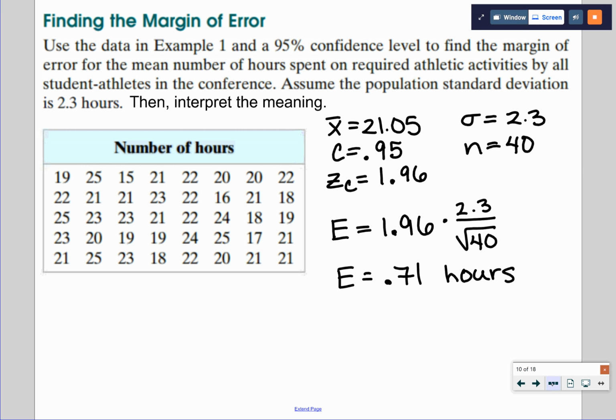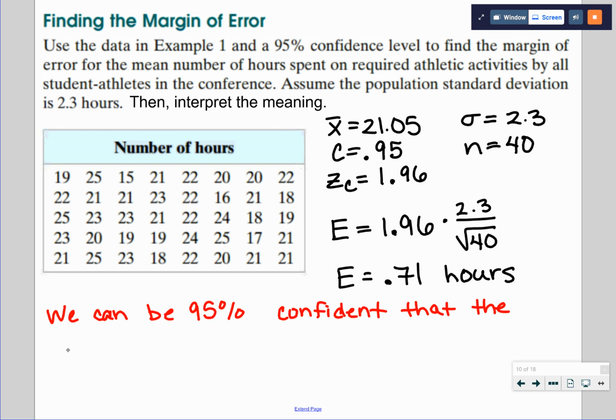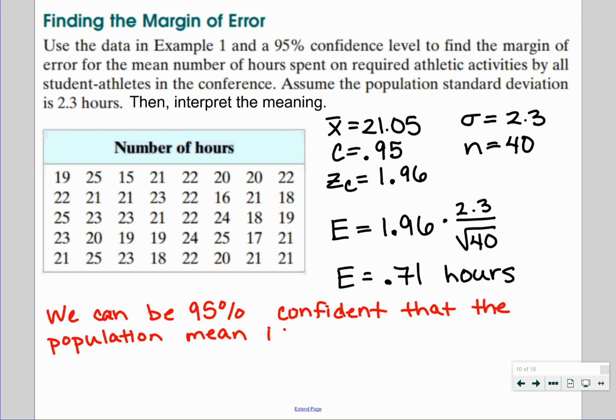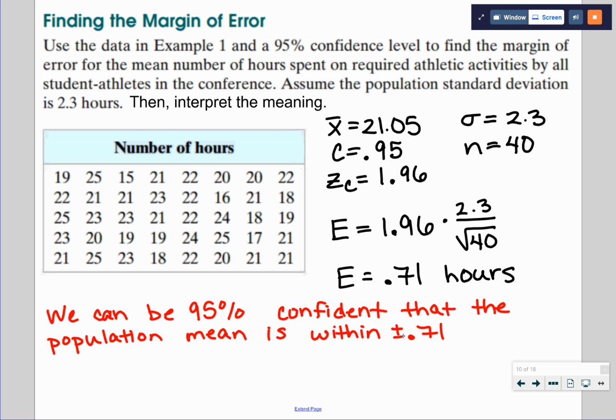All right, it says interpret the meaning. So here's what this means. We can be 95% confident. Another way to word this is there is a 95% probability that the population mean, remember that's what we're trying to estimate here, is within 0.71, so sometimes we put a plus or minus in front of that.